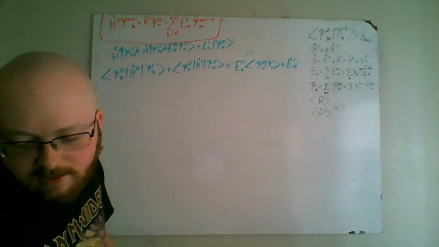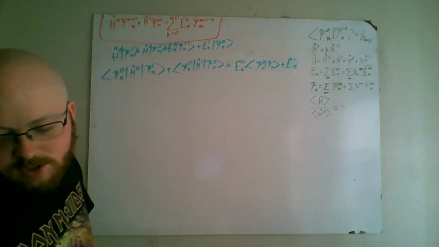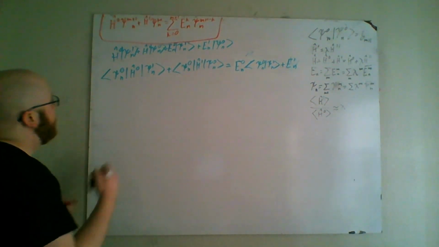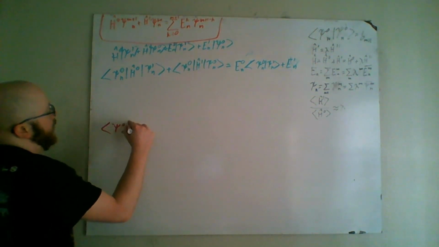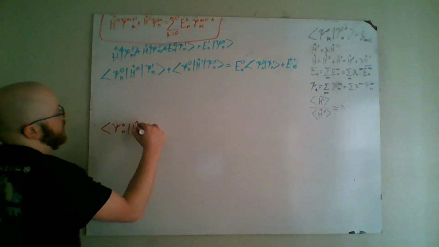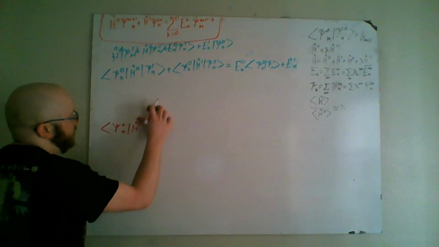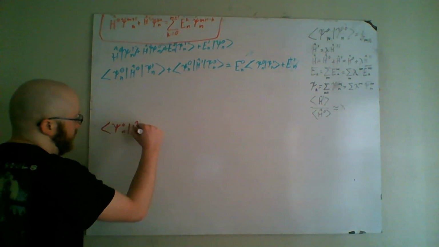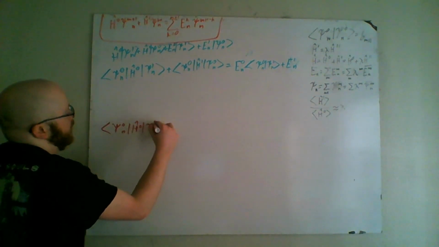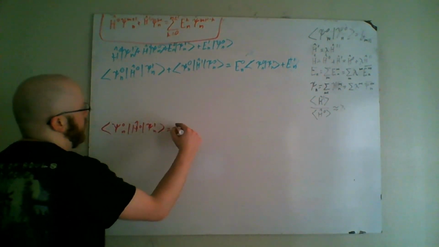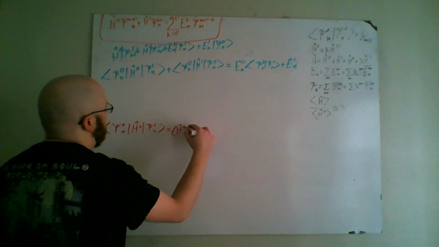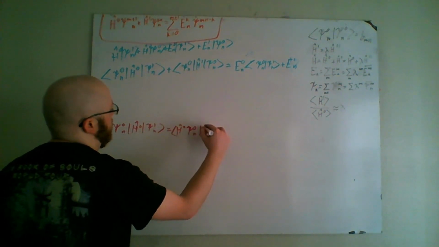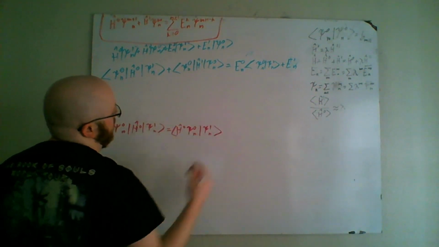I'll write it in magenta again. So psi 0 n, 0.